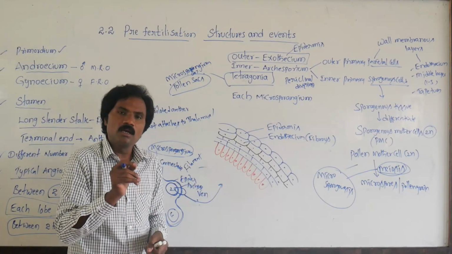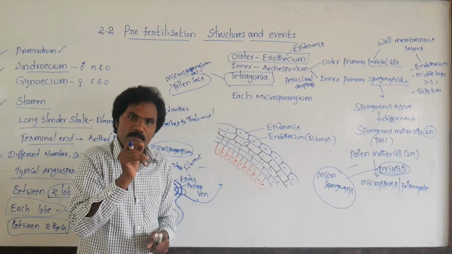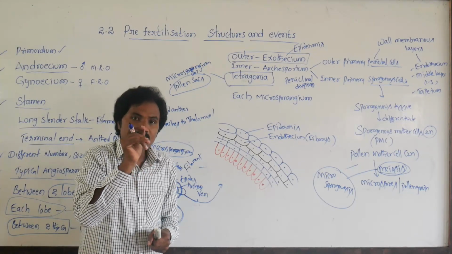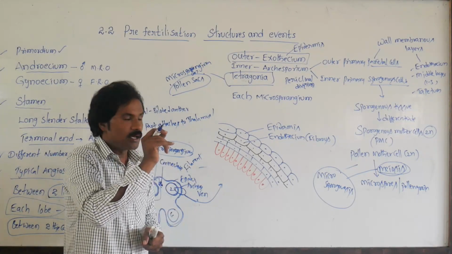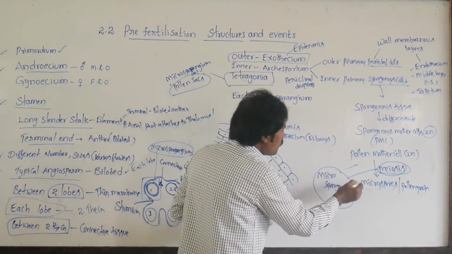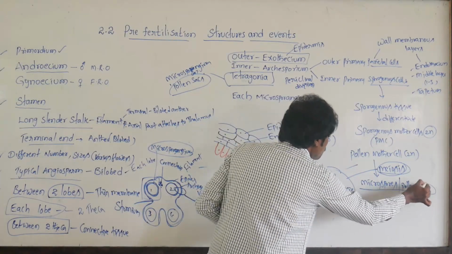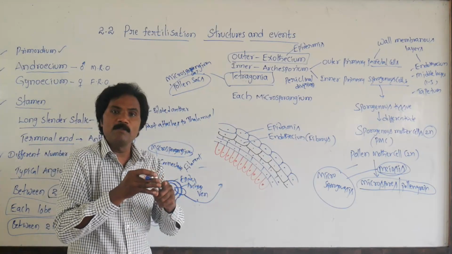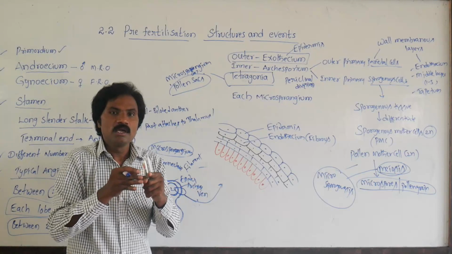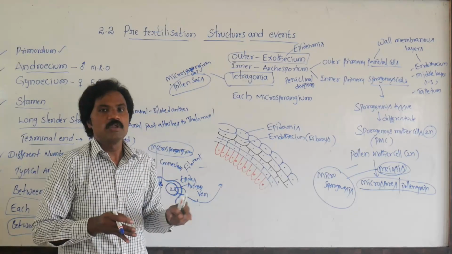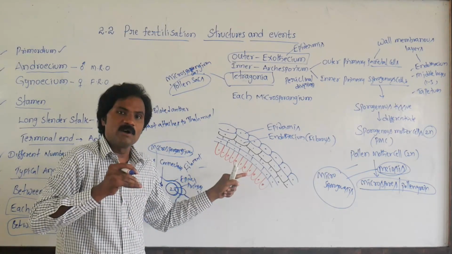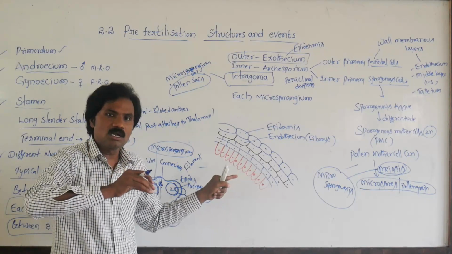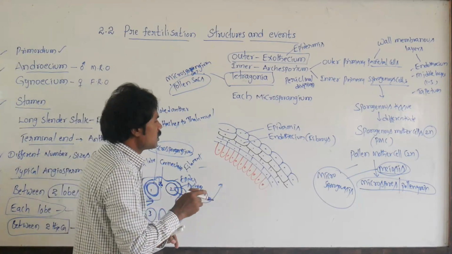Which membrane acts in the dehiscence of the male reproductive part, that is the pollen grains or microspores? It is the endothecium. Why? Because the remaining membranes degenerate before dehiscence. The endothecium persists, and only at the time of drying does it rupture and separate.